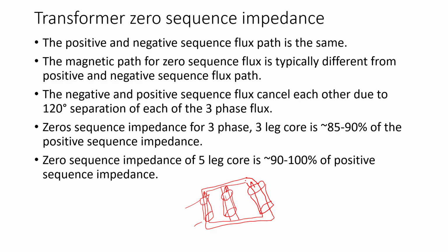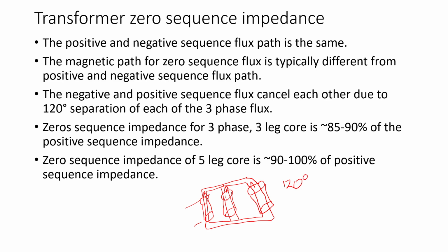And if you think about circuits like KCL, this is an analogy. Basically, these fluxes will cancel here because they are separated by 120 degrees.